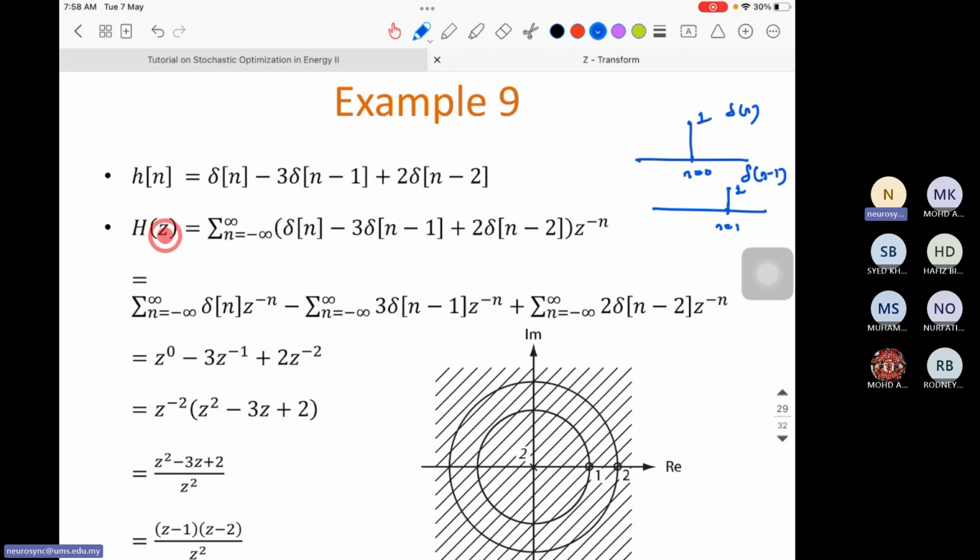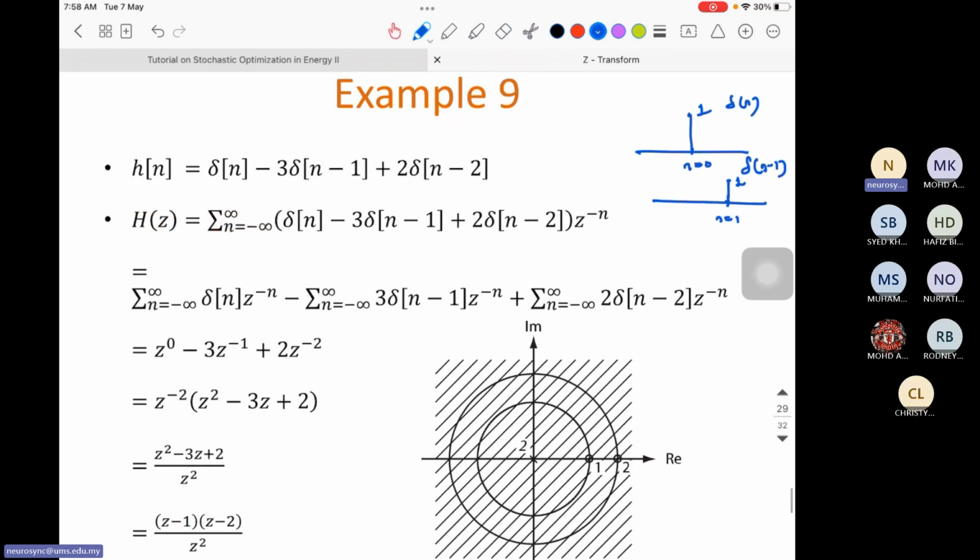Okay, so we apply the formula of the z transform. So what is the z transform? Summation from minus infinity to infinity of h of n into z to the power minus n. Okay, now separate all these terms, so multiply z to the power minus n to each term.